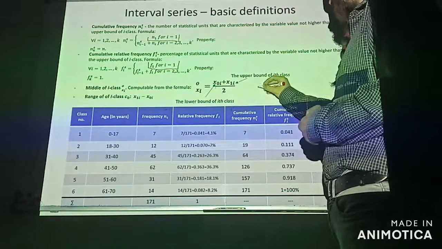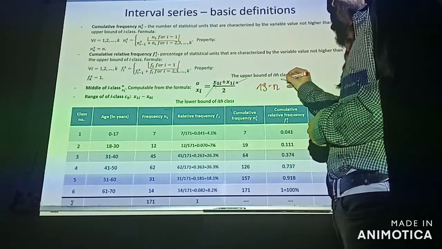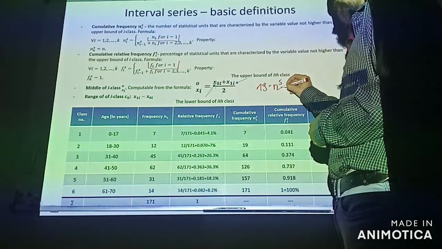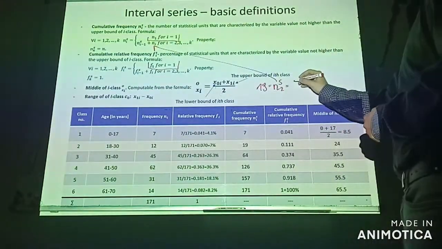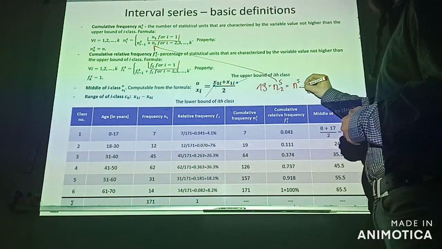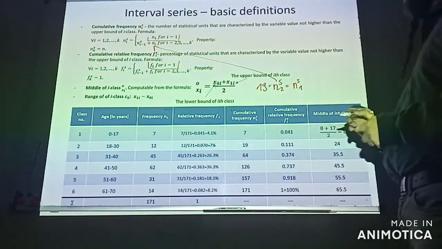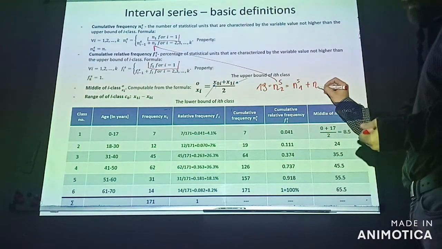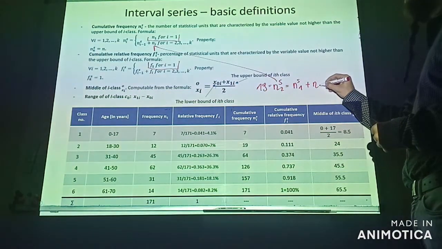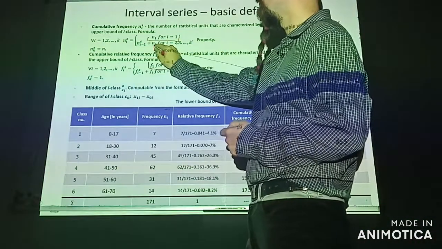So 19 equals ns2, which is the sum of ns1, the previous cumulative frequency, plus the actual frequency from the same class, n2.